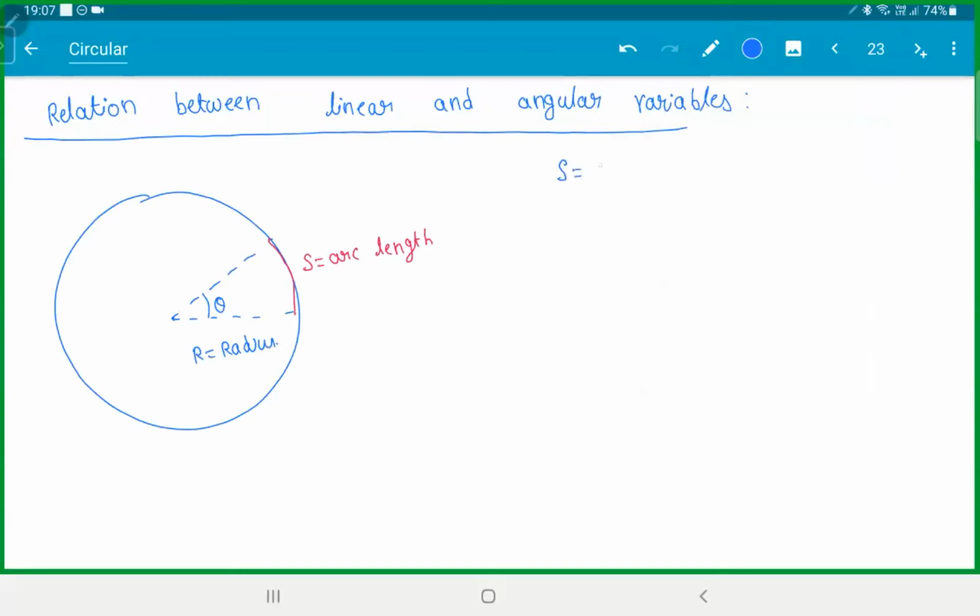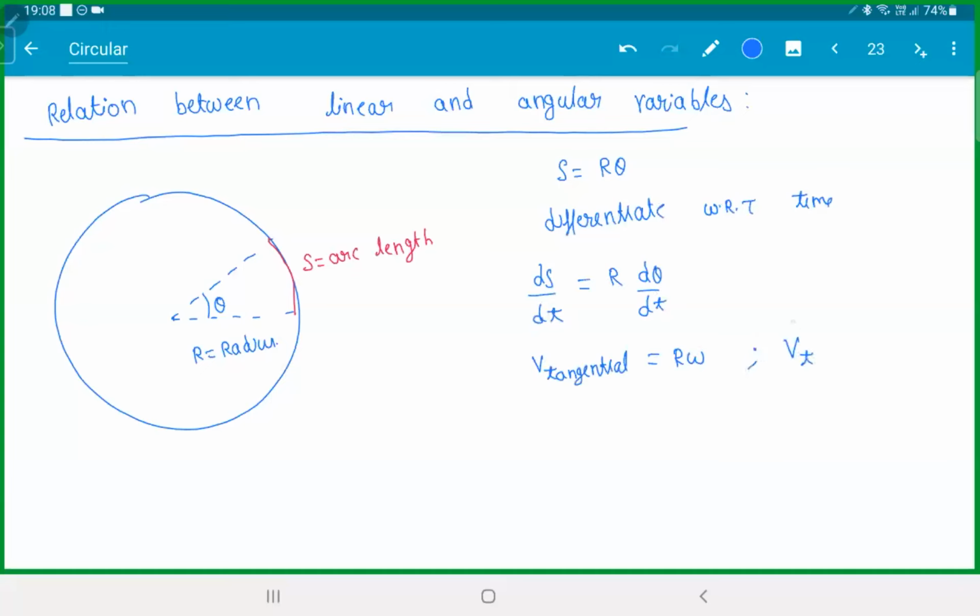So if you take S is equal to R theta, differentiate on both sides. So ds by dt, S is the tangential distance. That gives you V tangential is R omega. The vector form is V tangential is omega bar cross R bar. Be careful and don't write R cross omega bar.